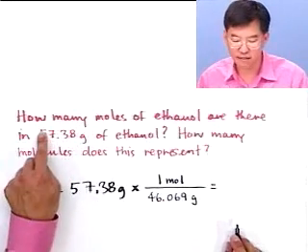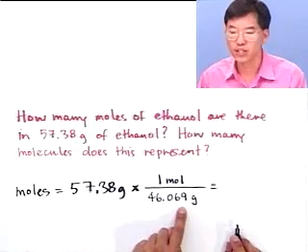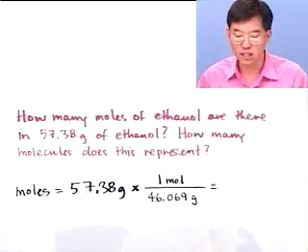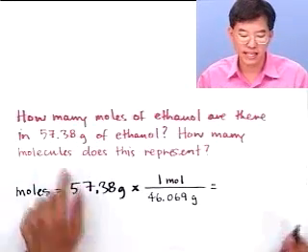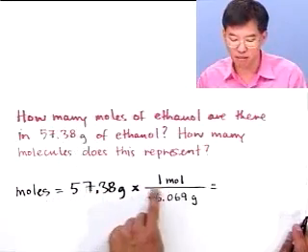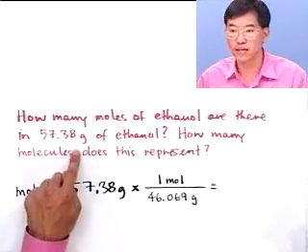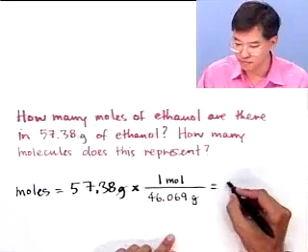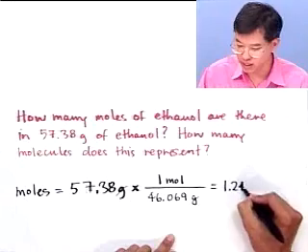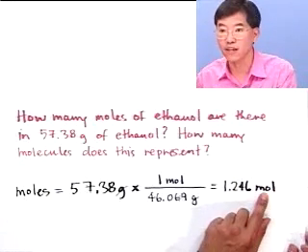If we had this mass of ethanol and 1 mole weighs this much, do we expect a number that's close to 1? And if so, is it going to be a little bit bigger than 1 or a little bit smaller than 1? The answer is this is clearly just a little bit more than 46, so we're going to be looking at a little more than 1 mole. And if we multiply this out, canceling the units, we get 1.246 mole. And this is moles of ethanol.